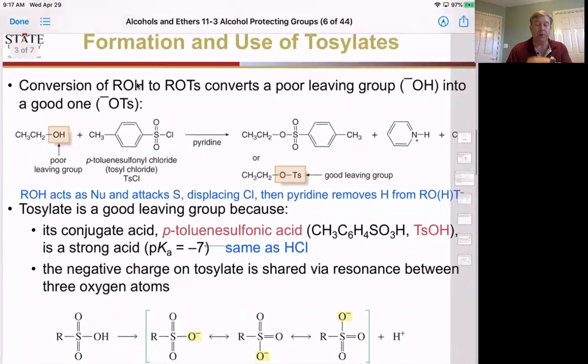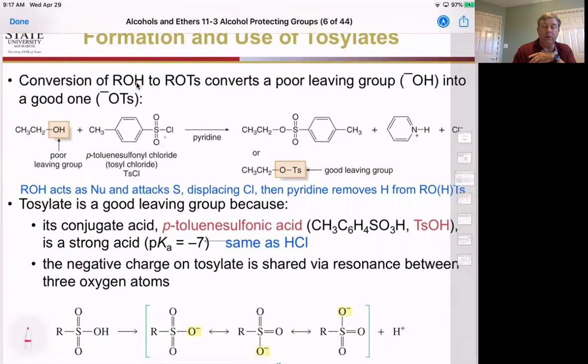Okay, so let's look at that in a little more detail here. To form this, what we would do is we'd take the chloro version of this sulfonyl, tosyl chloride, or toluene sulfonyl chloride. And we're going to react it with that alcohol in the presence of a base. The reason we need the base is that we're going to generate HCl, and we need to be able to remove that HCl to make sure the reaction gets driven to completion.